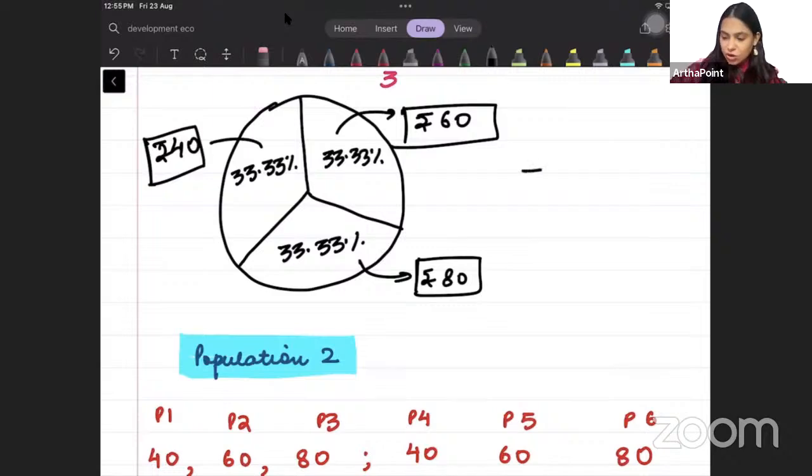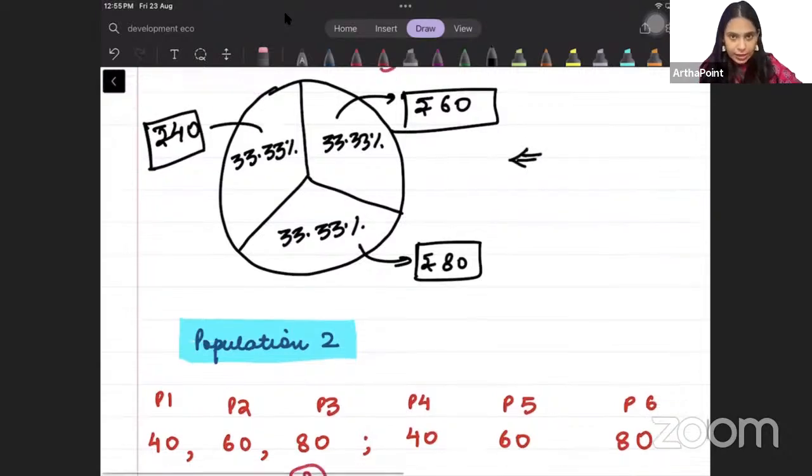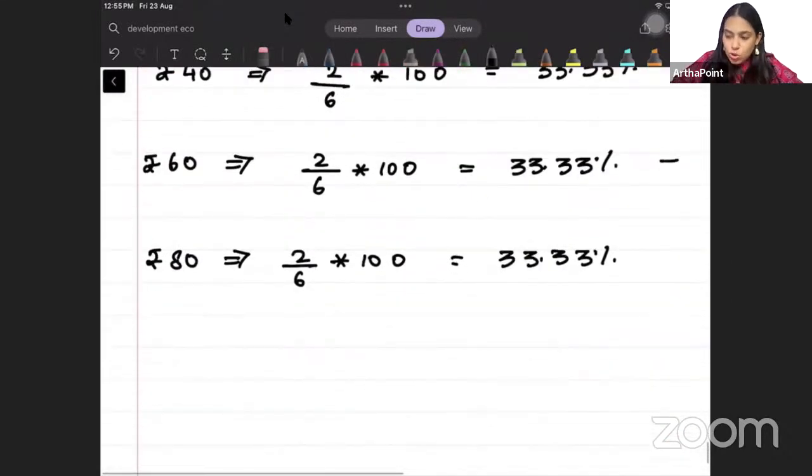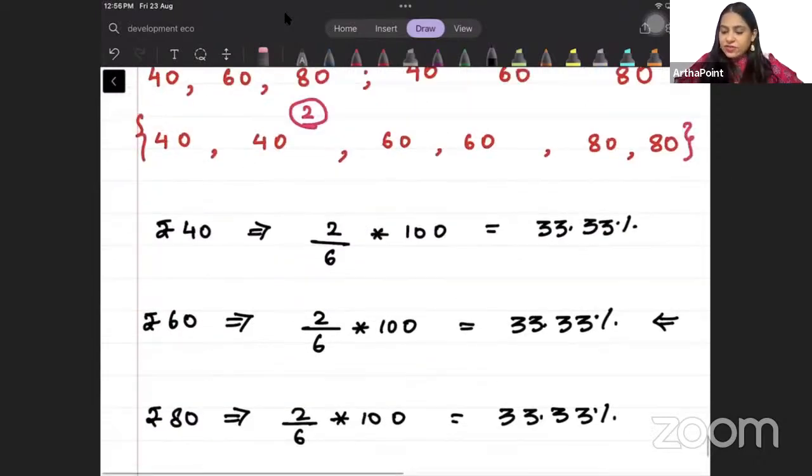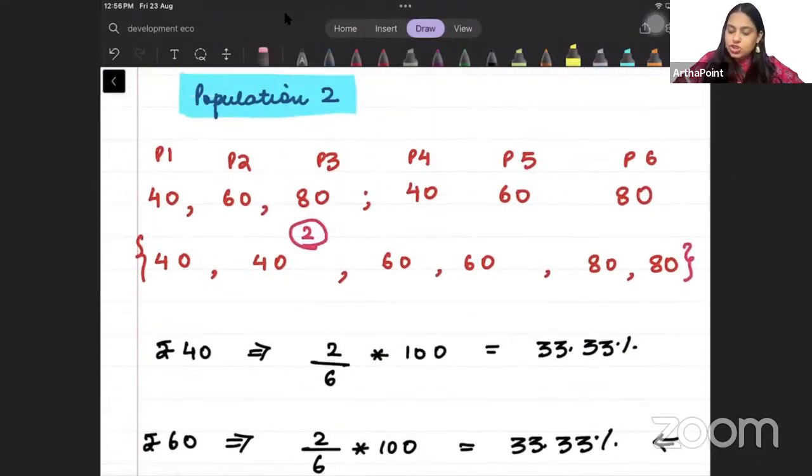In terms of percentage, nothing has changed. तो इस economy का population 1 का and population 2 का the inequality of the two economies is exactly the same, right? Inequality is not affected by doubling the population and the income, right? I have cloned the same population along with their income, right? So inequality has not changed.